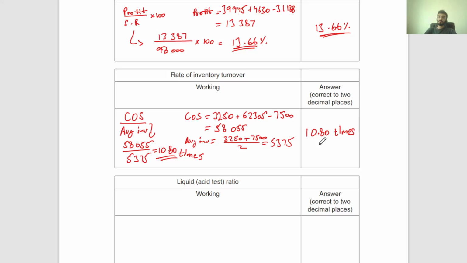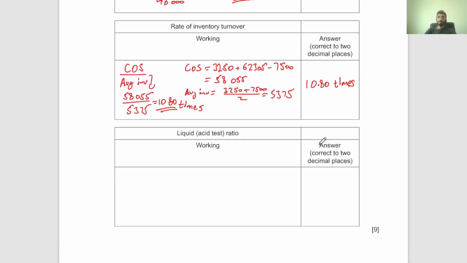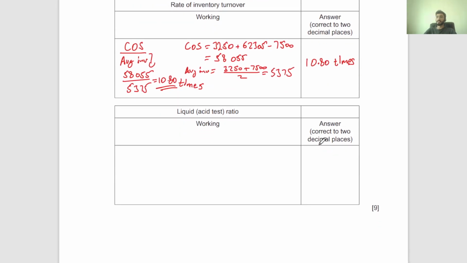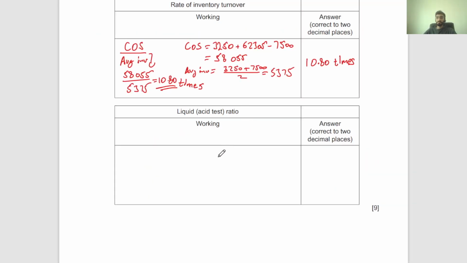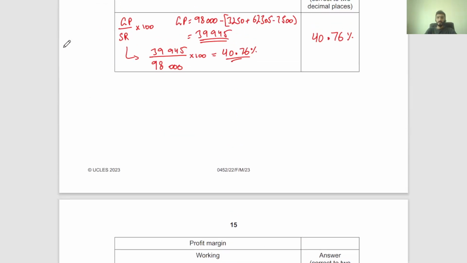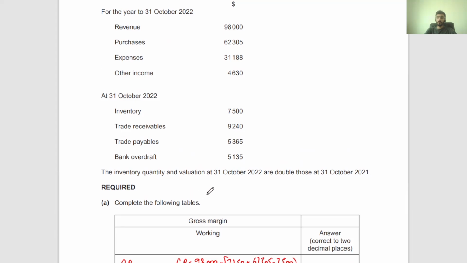Okay, and then we have the liquid acid test ratio. Hopefully you understand what this is. It's just like current ratio, where you do current assets to current liabilities, but without inventory. And also it is for the last date, if I'm not mistaken.